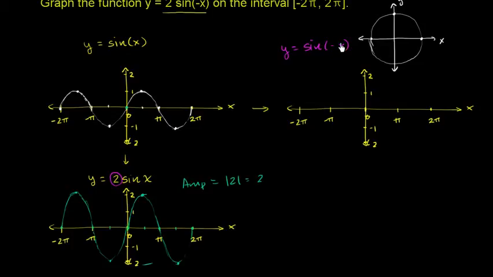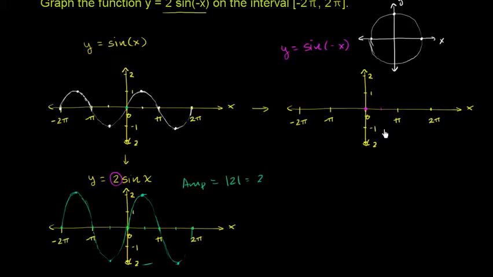So when x is 0, this is still going to be sine of 0, which is equal to 0. But then what happens as x increases? What happens when x is pi over 2? When x is pi over 2, the angle that we're inputting into sine, we're going to have to multiply it by this negative. So when x is pi over 2, we're really taking sine of negative pi over 2. Well, what's sine of negative pi over 2? Well, we could see that right over here.